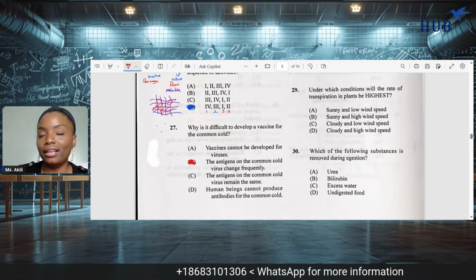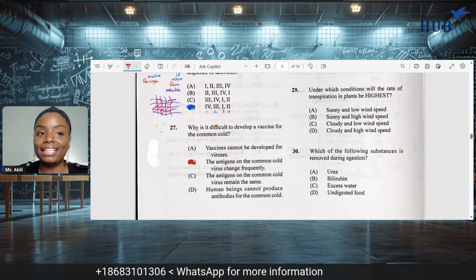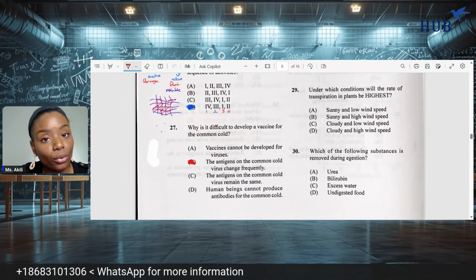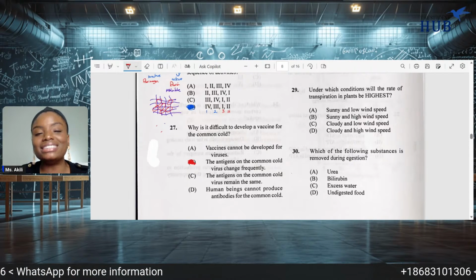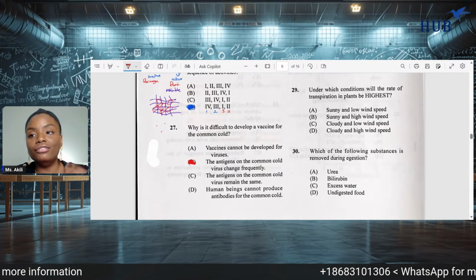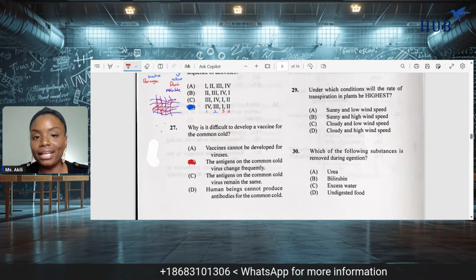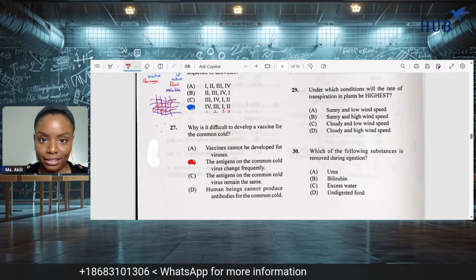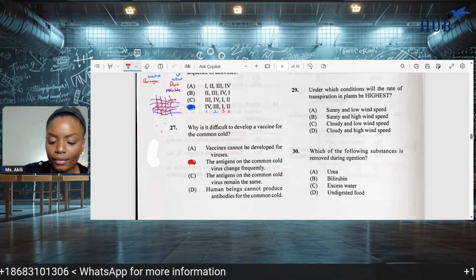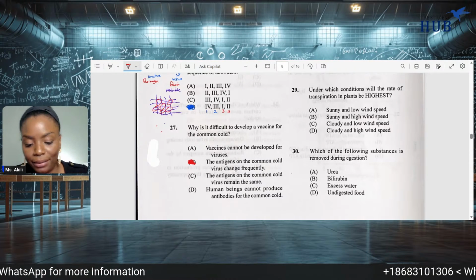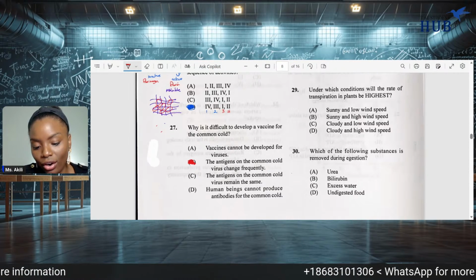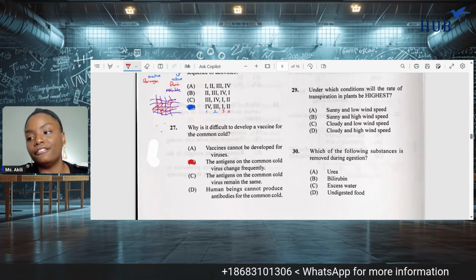But the benefit of it is that it's going to protect against some strains of the flu, not all, but some. So it's going to reduce the likelihood that you get the flu and even reduce the severity of the flu that you may get, but it's not going to be 100% protective. And the reason why it can't be is because the antigens on the common cold virus change frequently.